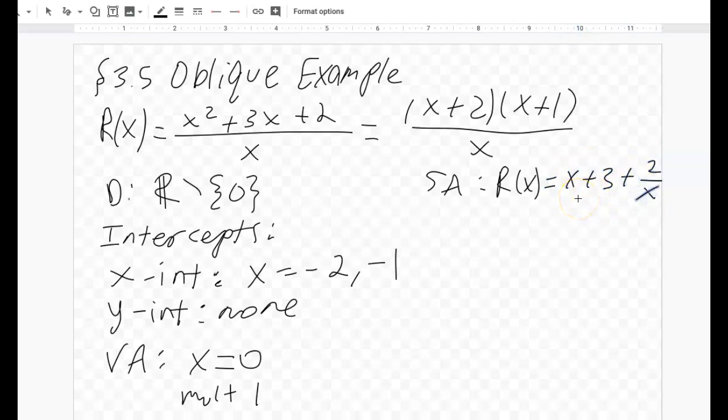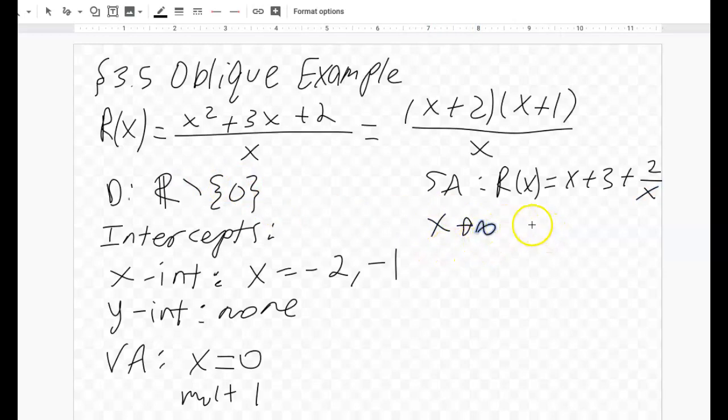And so the idea of horizontal asymptotes and slant or oblique asymptotes is that we want to know what's happening as x gets really, really large. And so we can write that using that arrow notation or the end behavior notation we saw earlier.